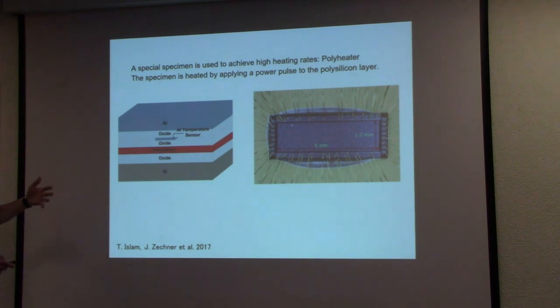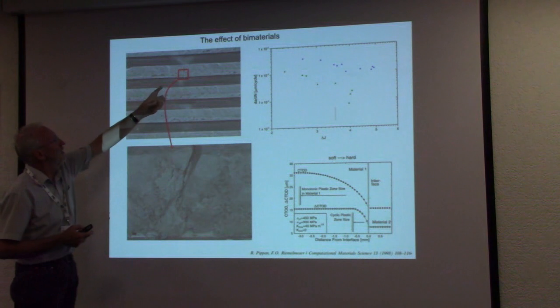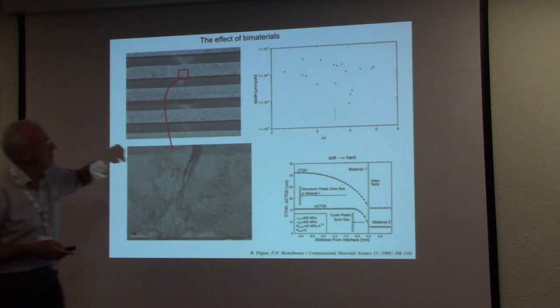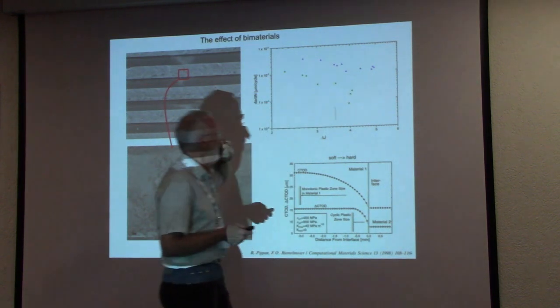And by varying this, we can also change the amplitude and look at the fatigue behavior. Then we can also introduce cracks and study the crack propagation as a function of the crack length.